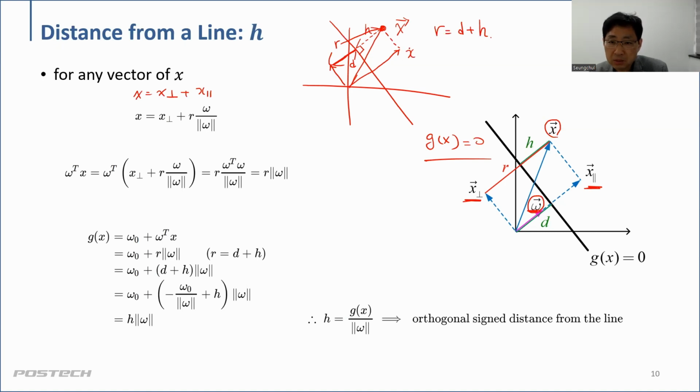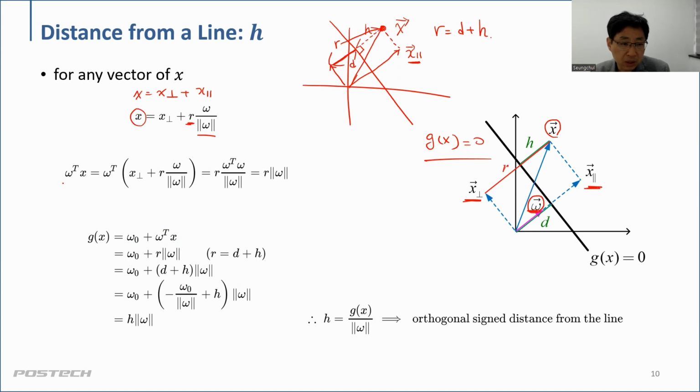And the x perpendicular vector, the direction is going to be the same as omega, so normalized unit vectors, and the length is going to be r. I mean, we don't know r, but we can calculate it later on, and we assign it as an unknown.